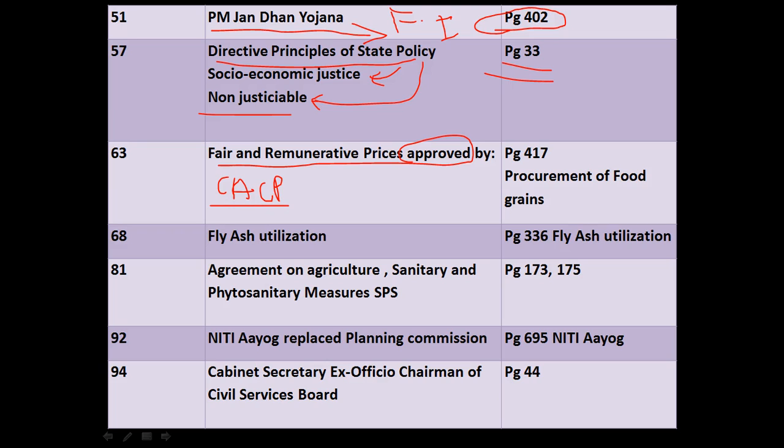Then these recommendations go to the Cabinet Committee on Economic Affairs, and these fellows then finally give the approval. So the answer will be the government.